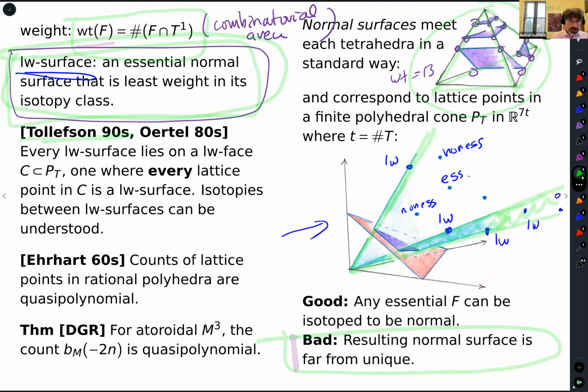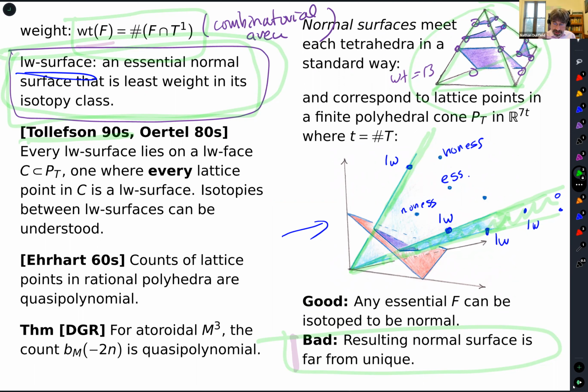There are results of Tollefson building on work of Wortel that say that every least weight surface lies in a least weight face, and a least weight face is one where every lattice point in it is a least weight surface.